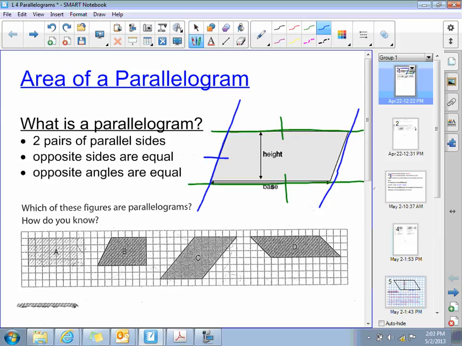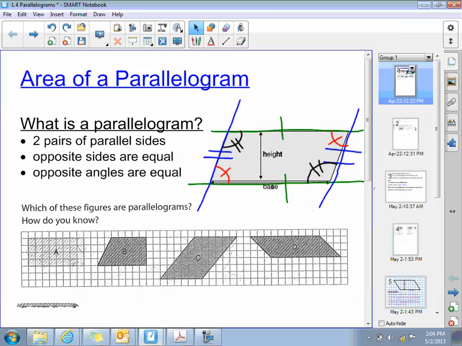The length of my left and right side will be equal. The final, and less important to us now, but the final piece of defining a parallelogram is that our opposite angles will be equal. When we have parallel lines and equal sides, our opposite angles will be equal.